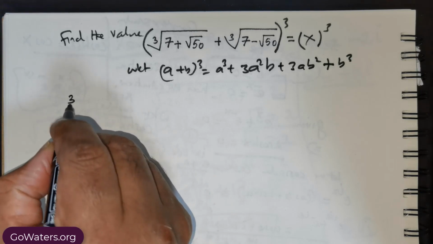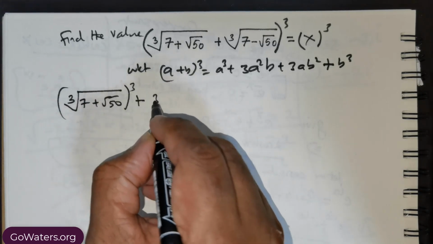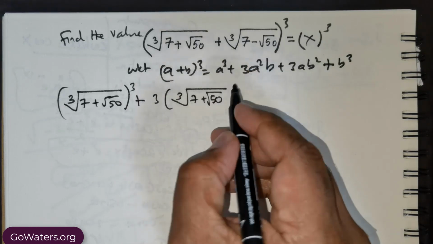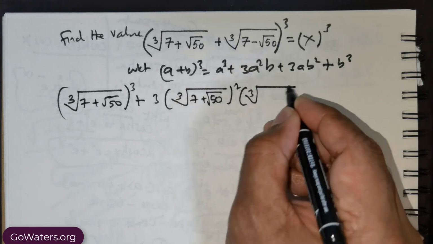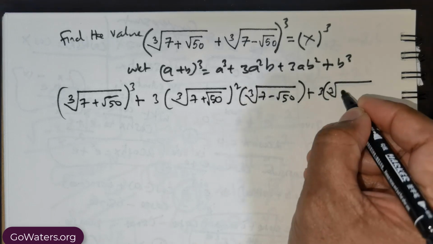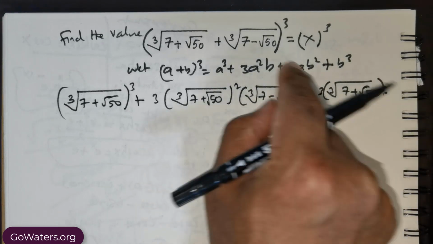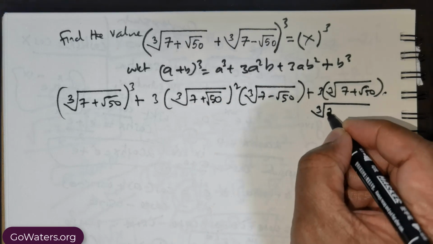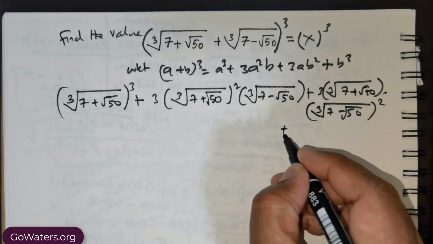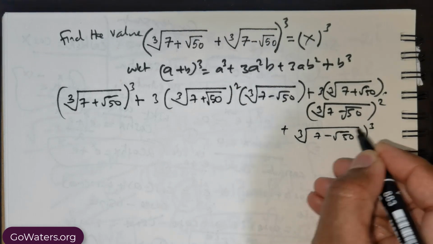So that means I have (third root of (7 + root 50)) cubed + 3 times (third root of (7 + root 50)) squared times third root of (7 - root 50) + 3 times third root of (7 + root 50) multiplied with (third root of (7 - root 50)) squared + (third root of (7 - root 50)) cubed.